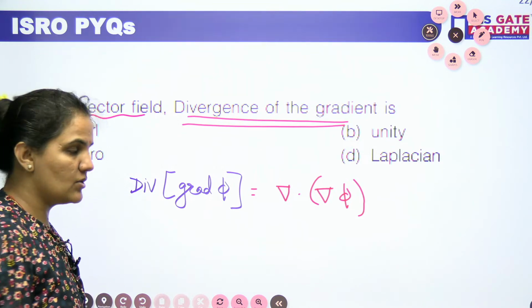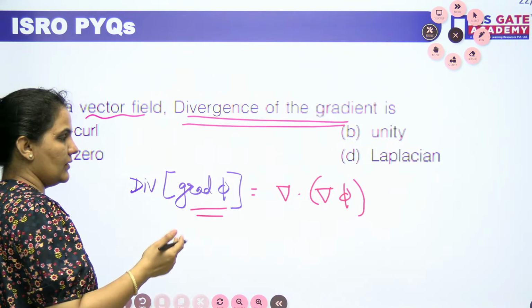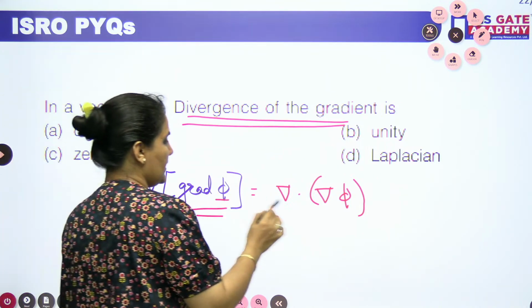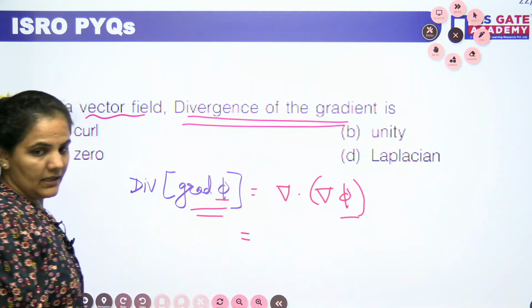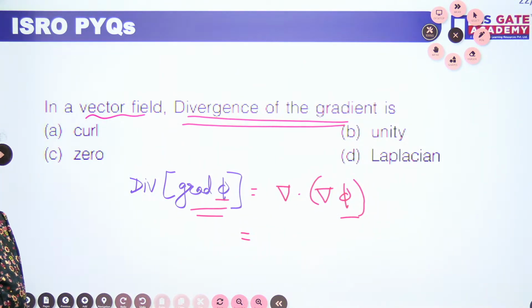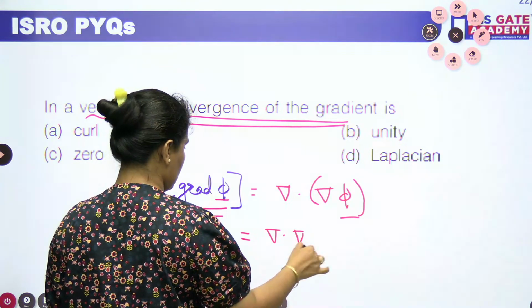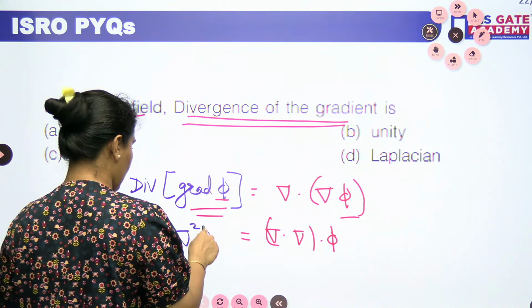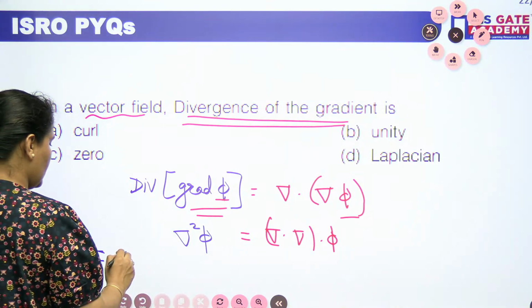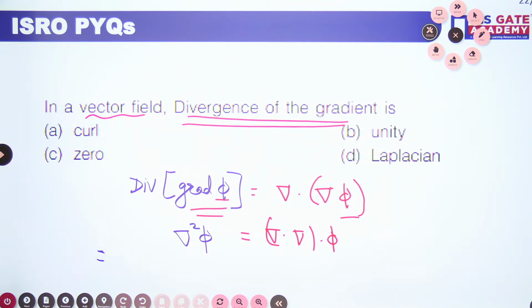The divergence of the gradient, so how will I approach it? Taking the gradient for function phi, I can easily write down: this is del dot del, which is del square of phi. So this is nothing but del square phi. If you open this one, this is the Laplacian operator.